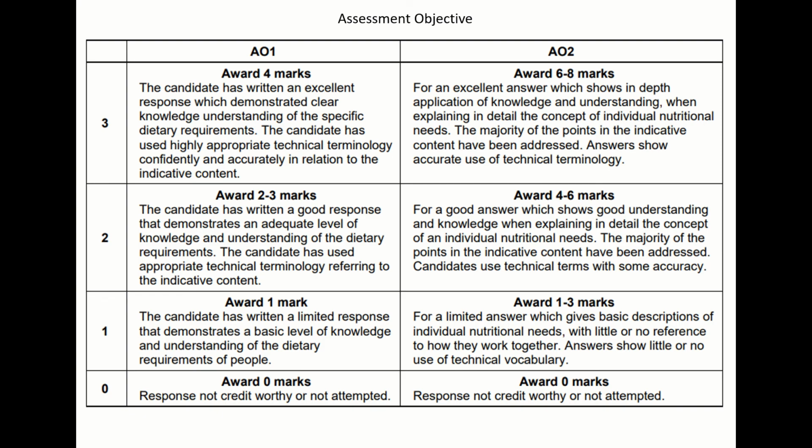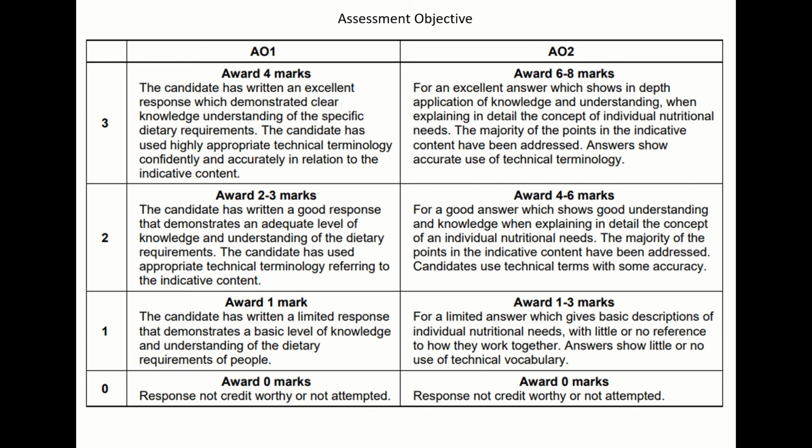Think about this. If you're not quite there with excellent response, go 1 down and award between 2 and 3 marks. Next, award 6 to 8 marks for an excellent answer showing in-depth application of knowledge.